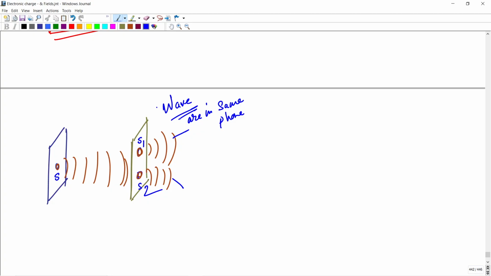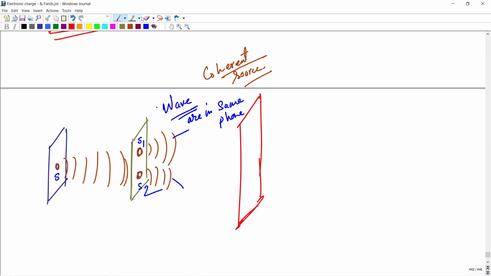So that's why these are coherent sources. These coherent sources produce interference, and when we place a screen here, we get some bright and dark spots.